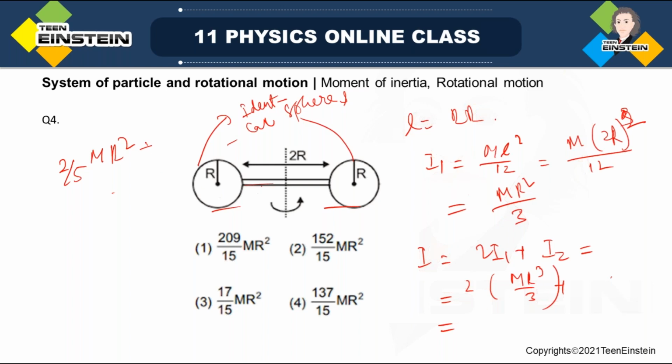Actually, this will be m r square again, with the sphere diameter. So 7 by 5 m r square. So this is I2.